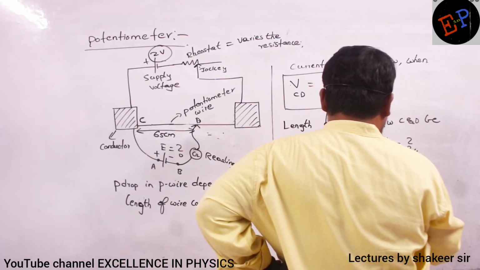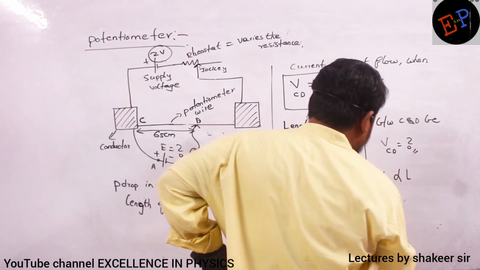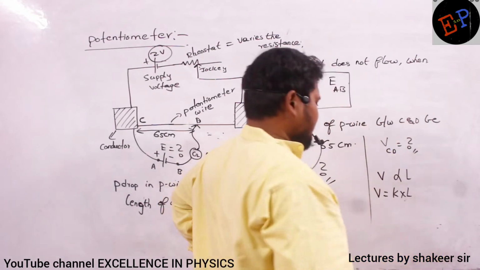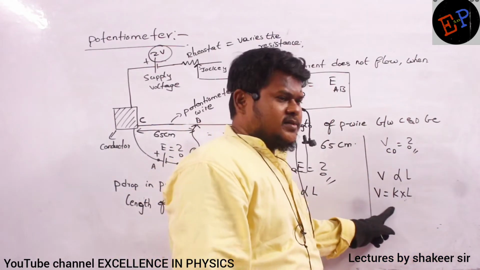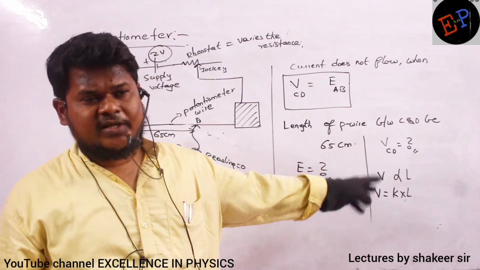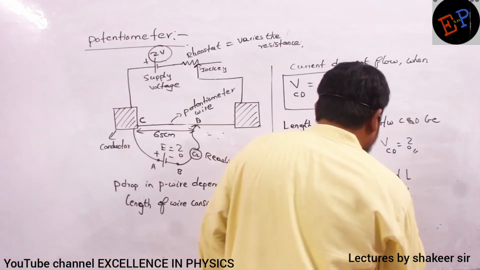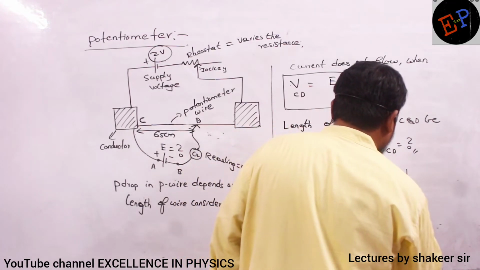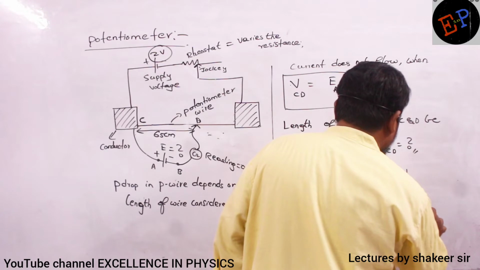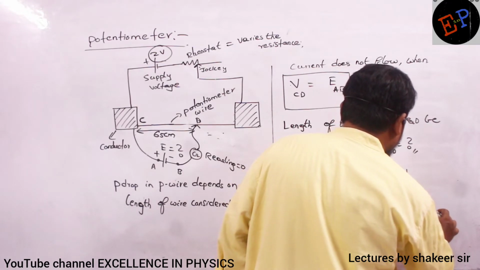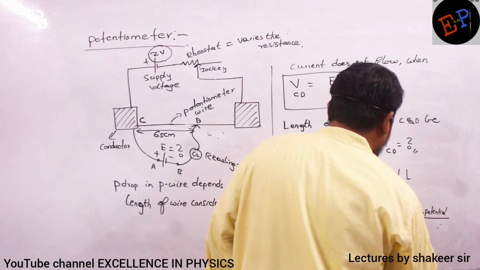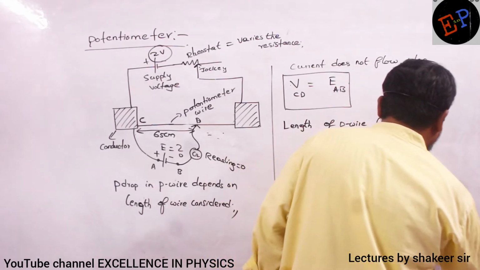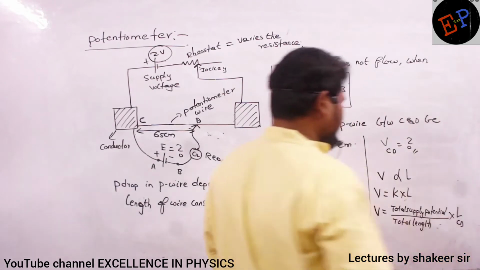V is directly proportional to L, and the proportionality constant K: V is equal to K into L, where K is called the potential gradient. And what is the K value? K value is total supply potential divided by total length, multiplied by length between C and D. This is how I have to write now.